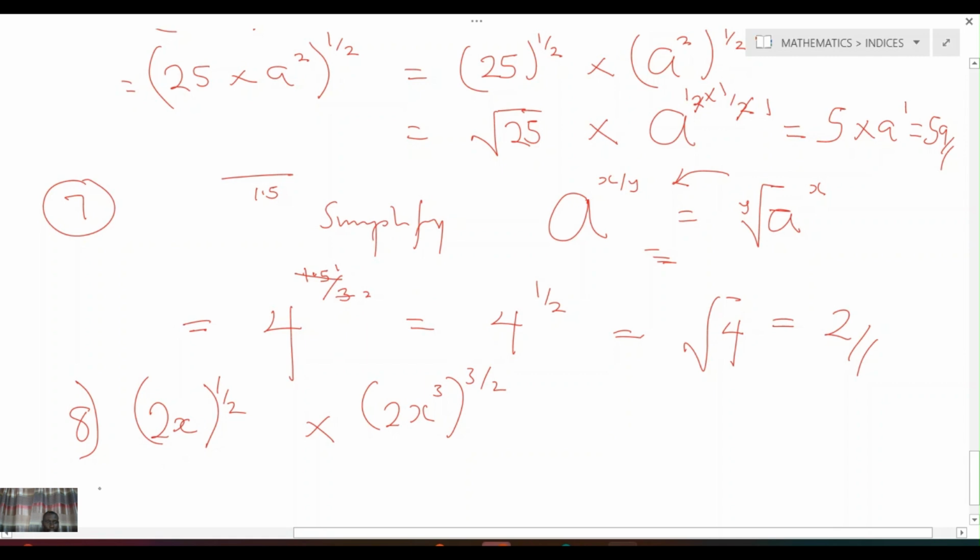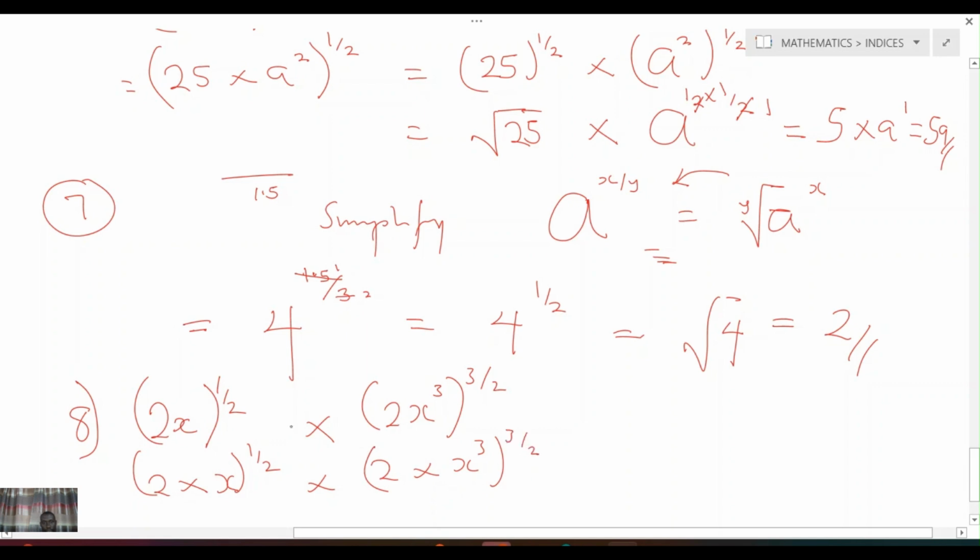Let's simplify this. This is the same thing as 2 times x raised to power 1 over 2 times 2 times x raised to power 3, everything raised to power 3 over 2.